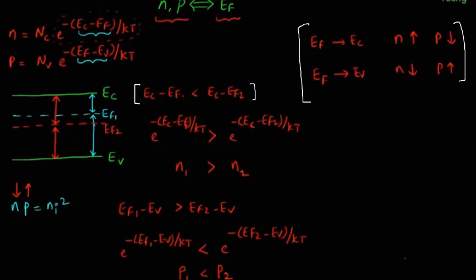Now I can use the relationship for N. If you remember, N is equal to NC e to the power minus (EC minus EF) by KT. The inequality will change because of the negative sign, and I can say that N1 is greater than N2. What does this say? In which case will the number of electrons be more, Fermi level 1 or Fermi level 2? Tell me, guys.